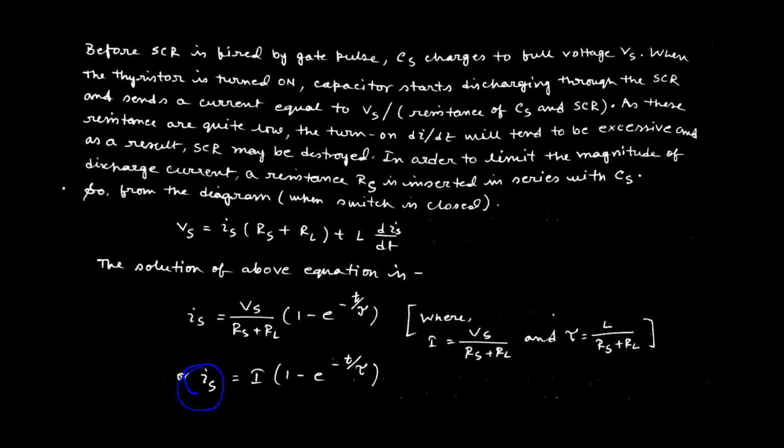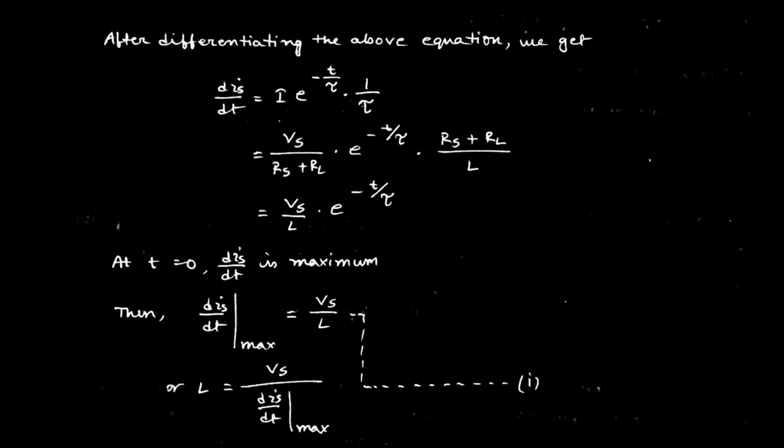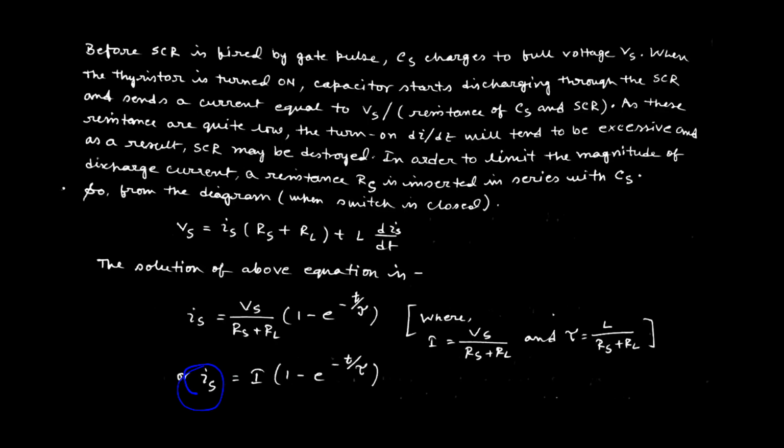Differentiating the above equation, we get dIs/dt equal to I into e to the power minus t by tau into 1 by tau, and after simplification we have Vs by (Rs plus RL) into e to the power minus t by tau into (Rs plus RL) by L. Here we put in the value of tau that we assumed before, tau equal to L by (Rs plus RL).